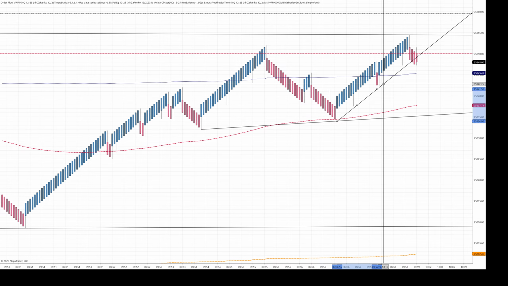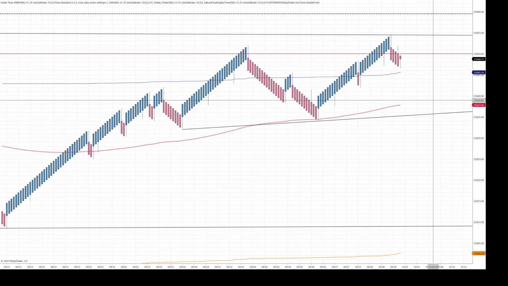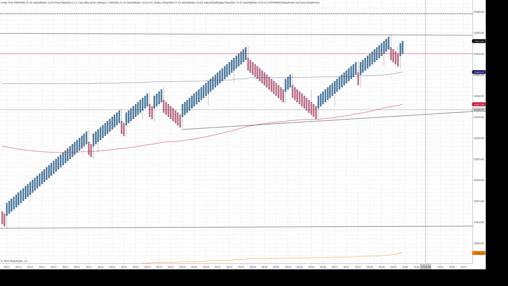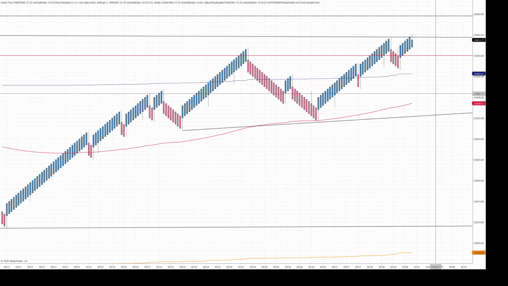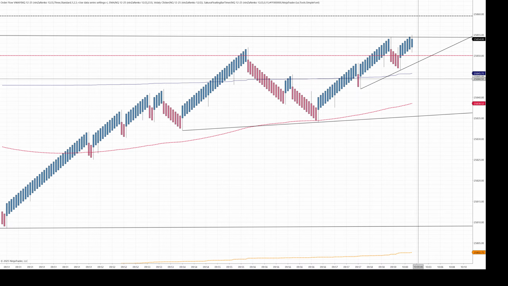We can delete this line, it's no longer valid. We have this upward trend line now.